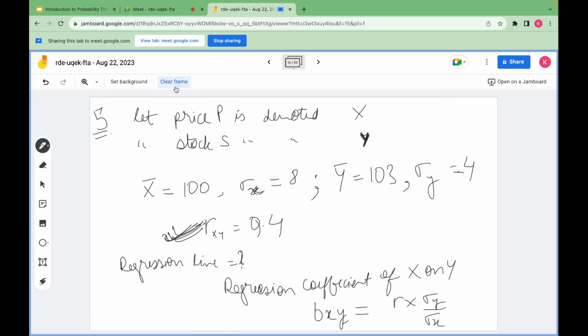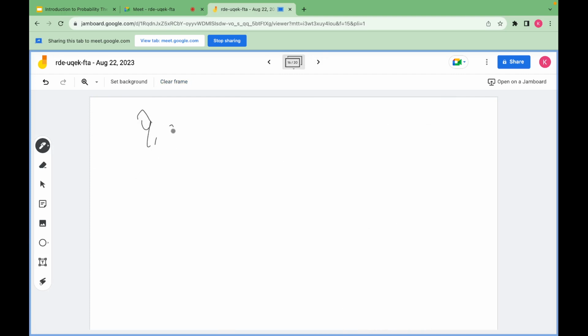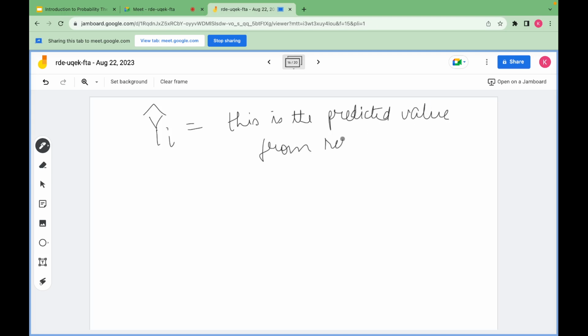What is the predicted value? This is the predicted value from the regression line.